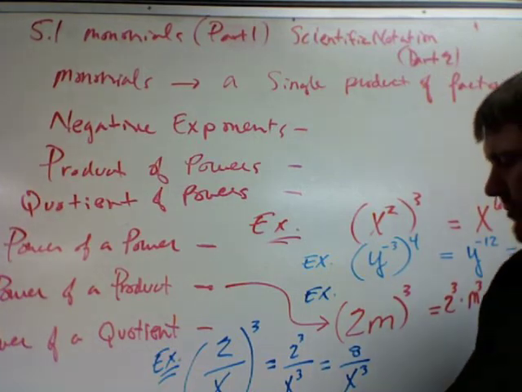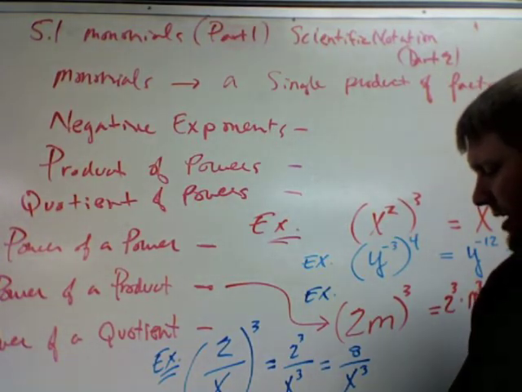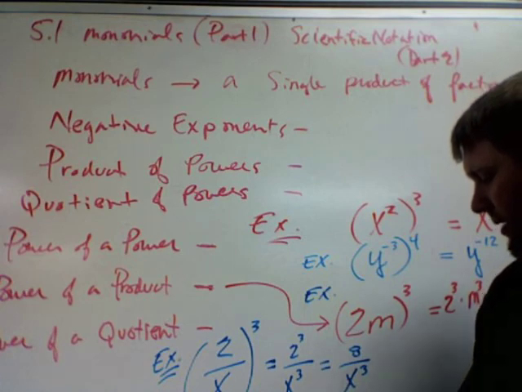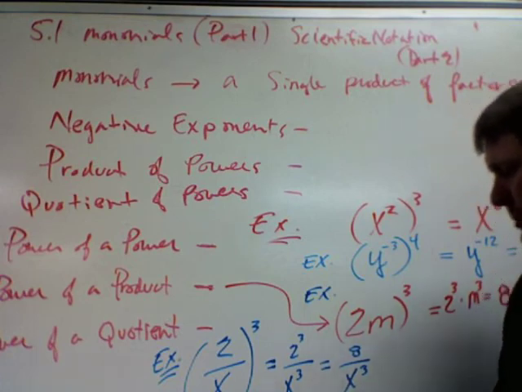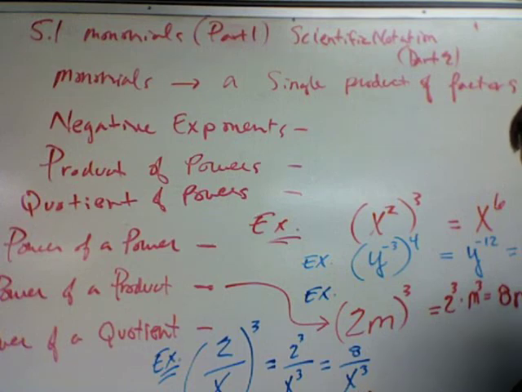I'm just going to take the reciprocal and change this to positive. That's kind of what I do a lot. Then I apply the previous rule where the power goes to each thing. So 3 squared, y squared, and I end up with 9 over y squared.